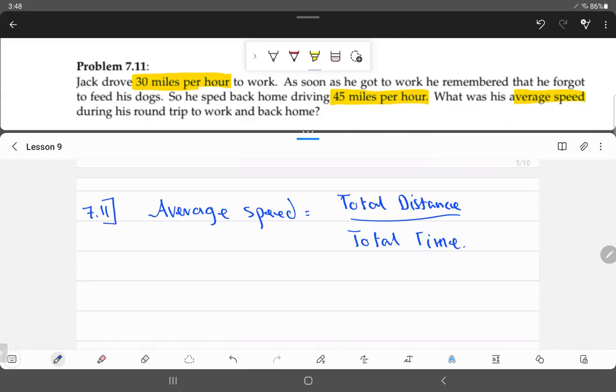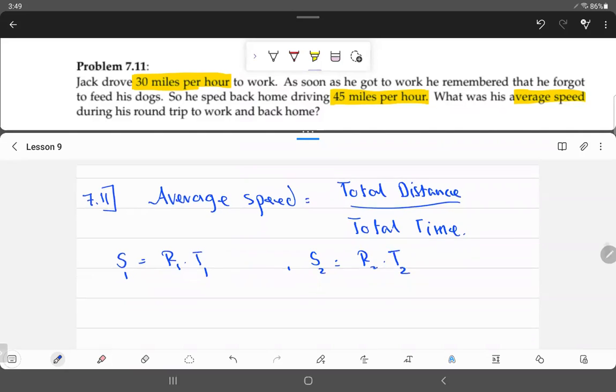So he has 2 trips actually. He went to the job, to the work. There's the first trip, the second trip when he got back. So the first trip, there's a distance S1 equals R1 times T1, right? And S2 equals R2 T2, right?